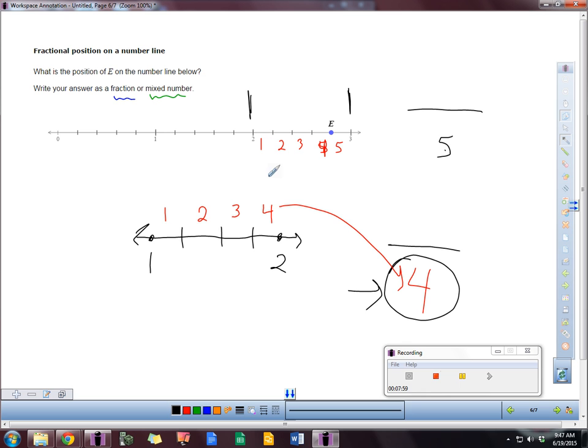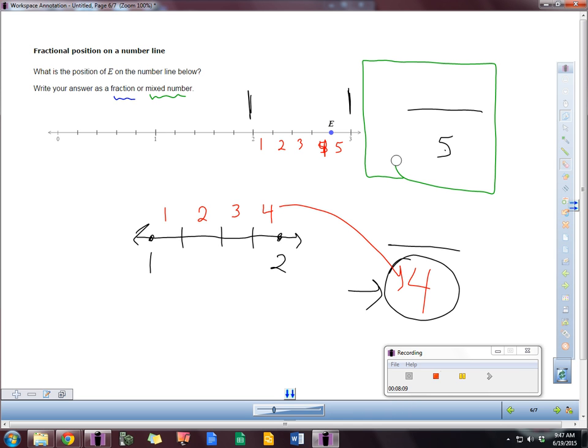If we're going to use the mixed number, we're going to look at between what two numbers this point is. Well, it's between 2 and 3, so this one has a big 2, and let's find out where the dot is. Is it on the first one? No. Is it on the second one, the third, the fourth, or the fifth? Well, it has to be on the fourth. It's on the fourth tick mark from 2. So this would be the mixed number.